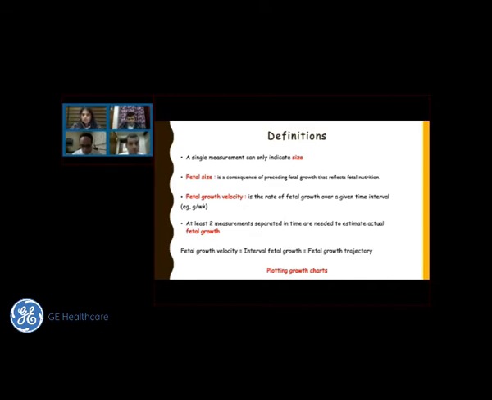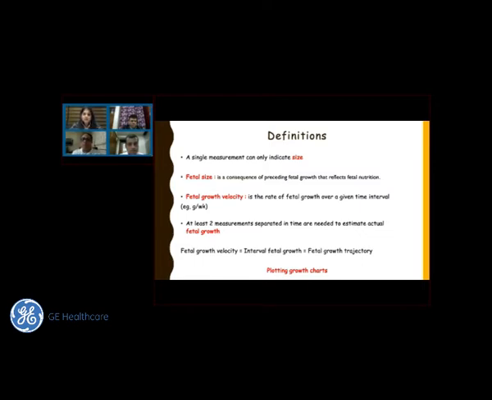Now, this is important because sometimes due to over-enthusiasm and increased surveillance that you think the fetus needs, you keep ordering growth scans every week or probably every 4 or 5 days. It is extremely important that to estimate the actual fetal growth and velocity and to get an optimal trajectory of growth, we schedule the growth scans at least 2 weeks apart.